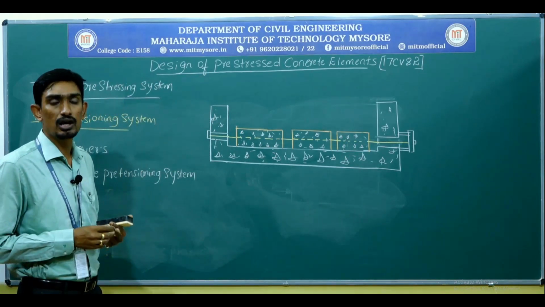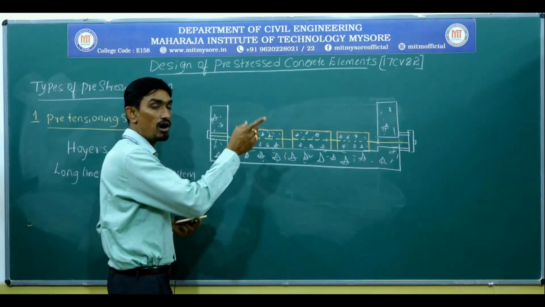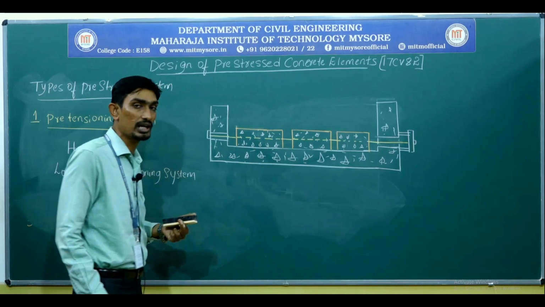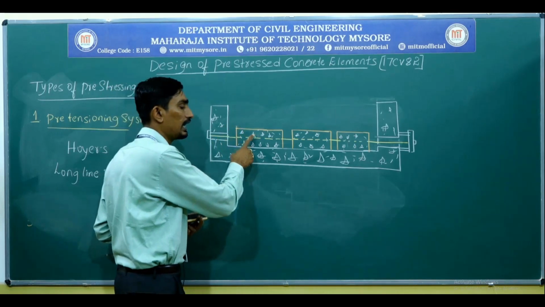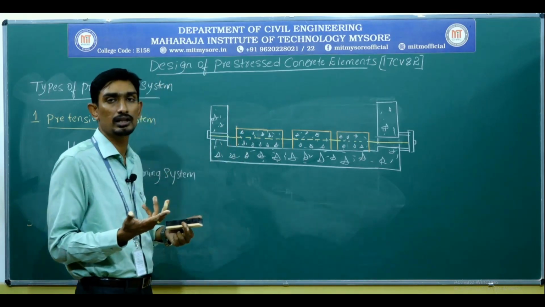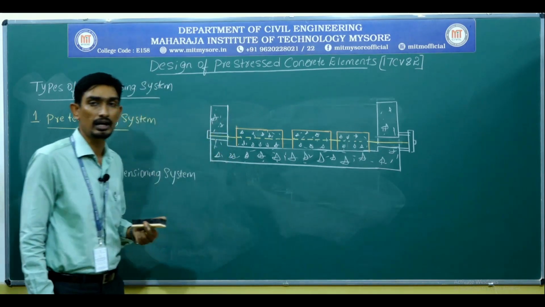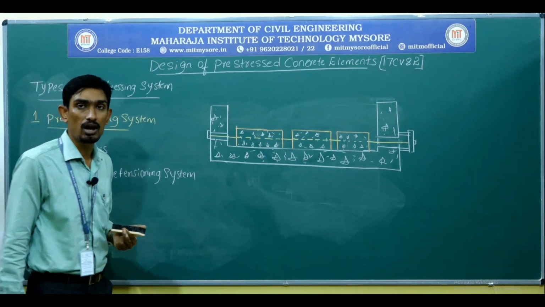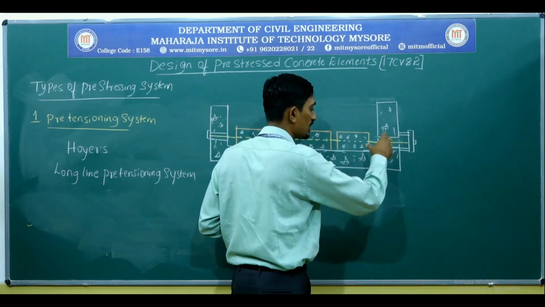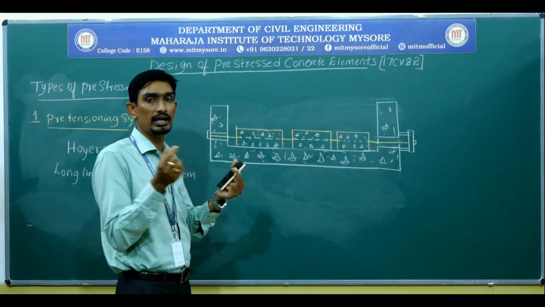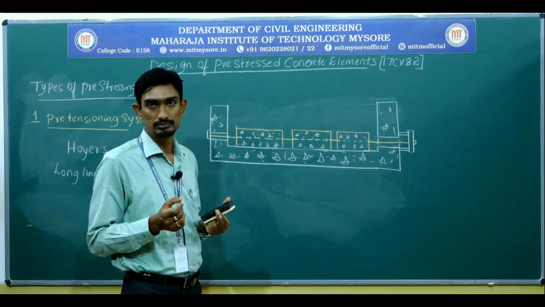You need to wait till the concrete attains sufficient strength, which happens at an age of 28 days. Later on, you need to operate the jack in such a way that the pretension will be induced.